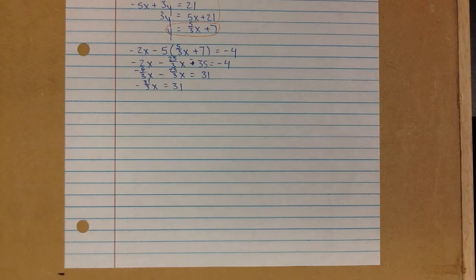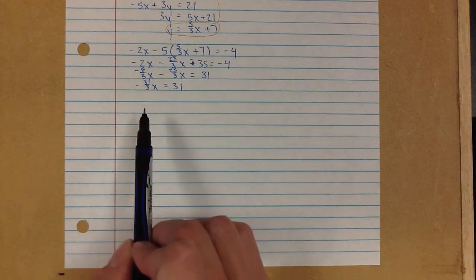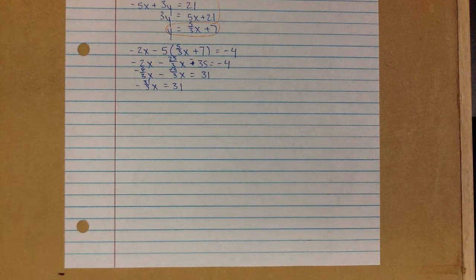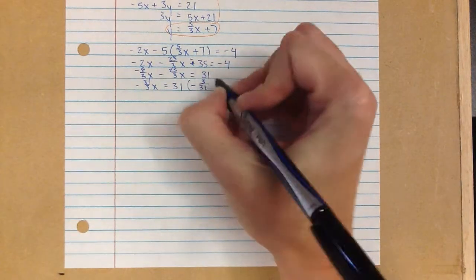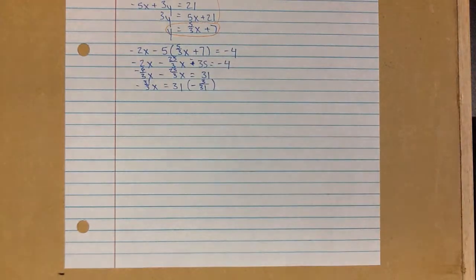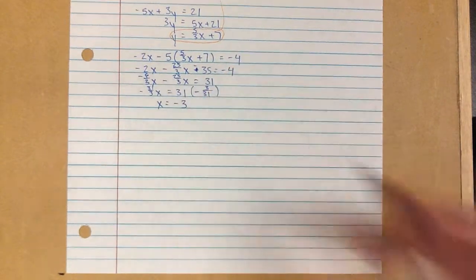The reciprocal. Now, we are not dealing with perpendicular lines, so it's not the opposite reciprocal. This one is negative 31/3, so when I multiply by the reciprocal, I'm going to multiply by negative 3 over 31. Your 31s will cancel out. I got x equals negative 3.